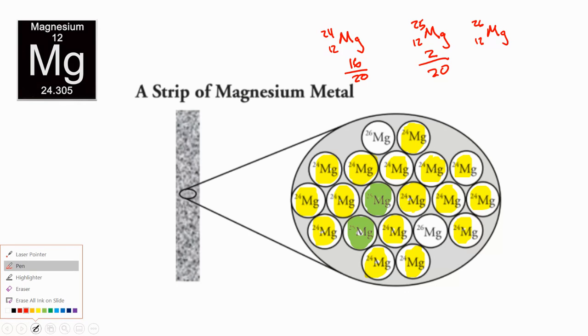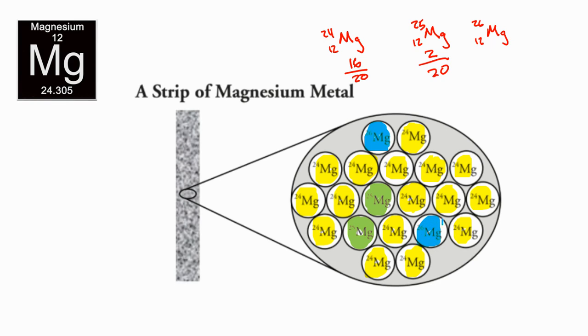And then let's take a look at our third isotope, which in this case is magnesium-26. Again, I've got two atoms that are magnesium-26. So we'll go back to our pen and write that down as well.